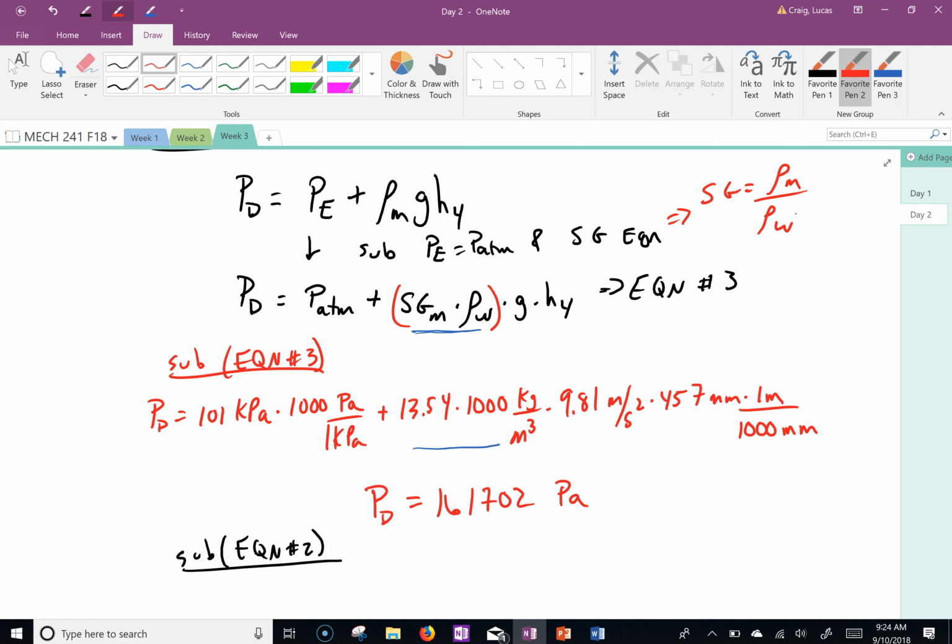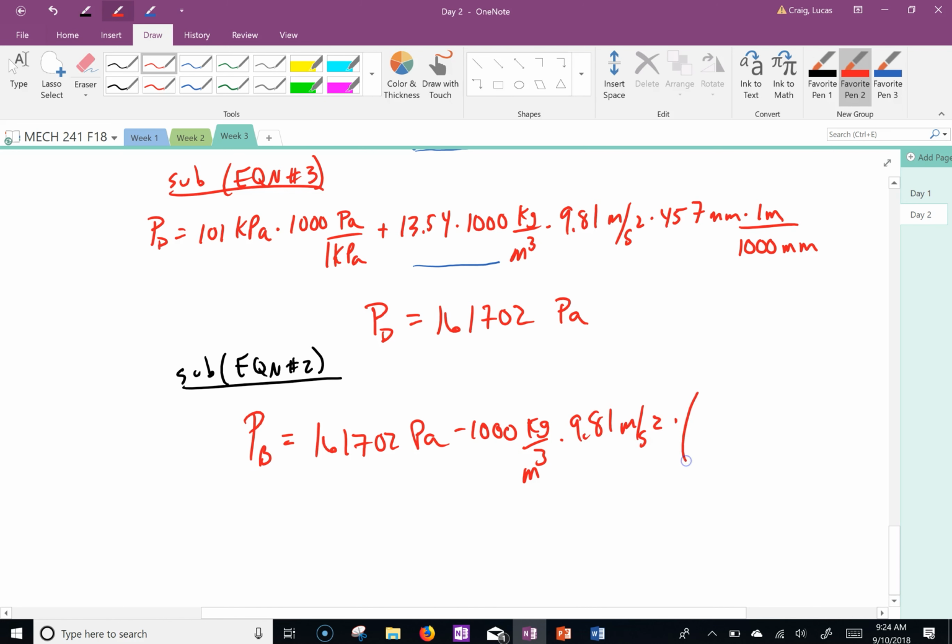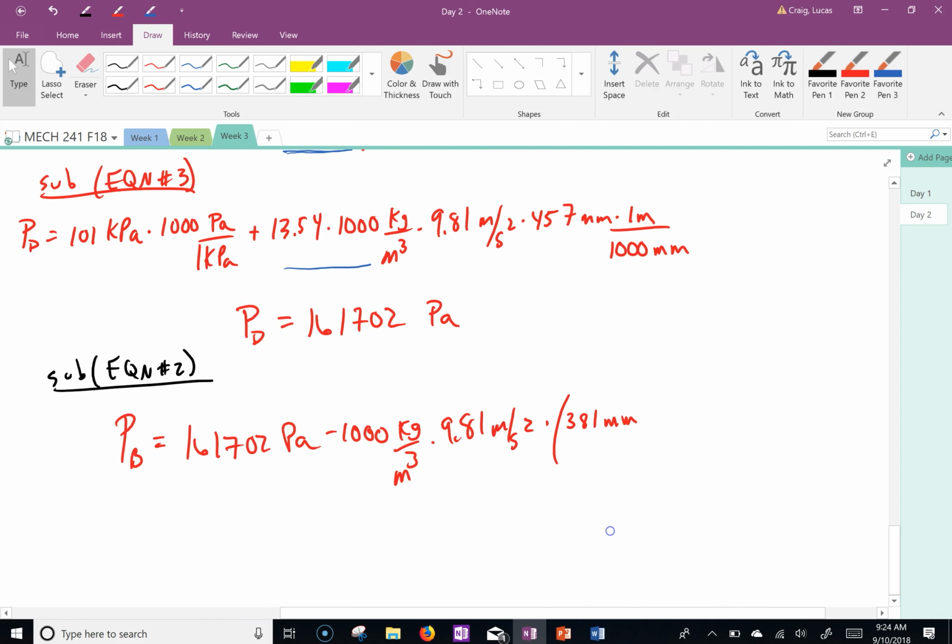Okay, so let's solve equation 2, which is PB equals 161,702 Pascal minus 1,000 kilograms per meter cubed times 9.81 meters per second squared times 381 millimeters times 1 meter.